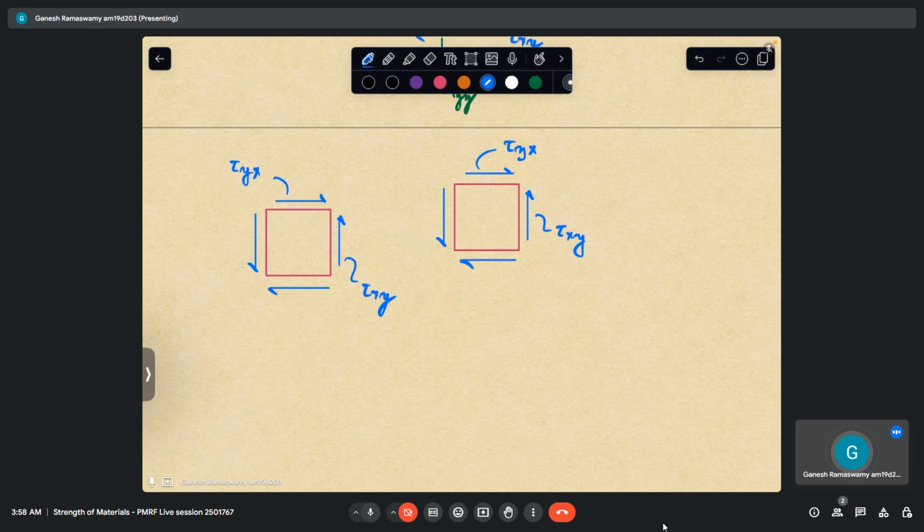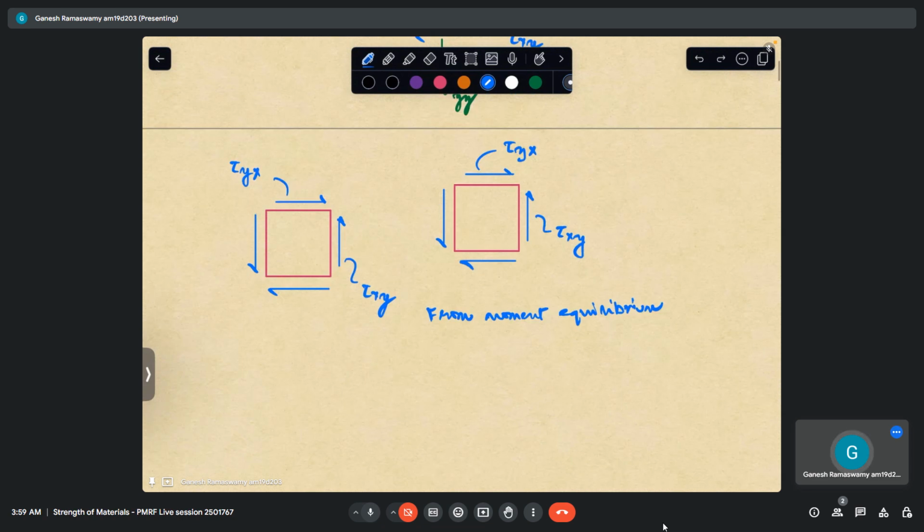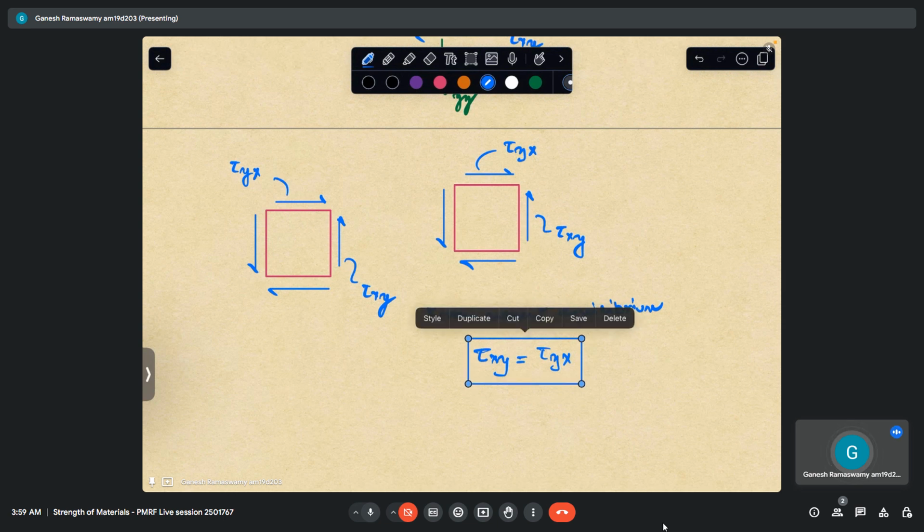So from moment equilibrium, we have tau xy is equal to tau yx. This is known as the equality of cross shears. This can happen cyclically for every plane there is, that is tau xy and tau yx we saw.